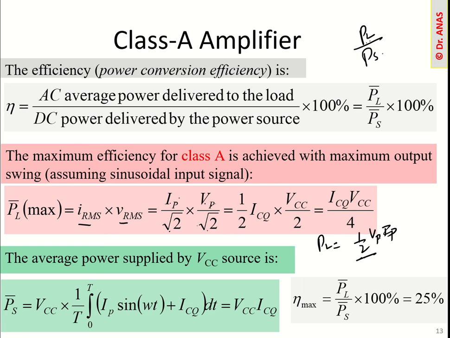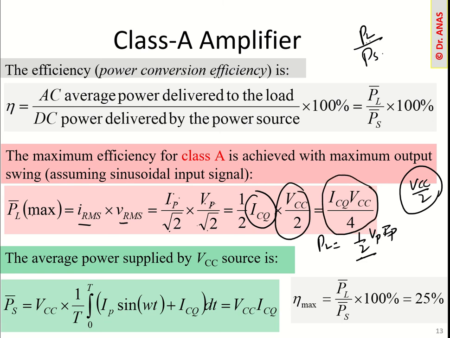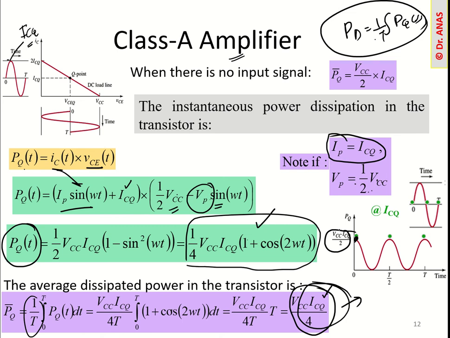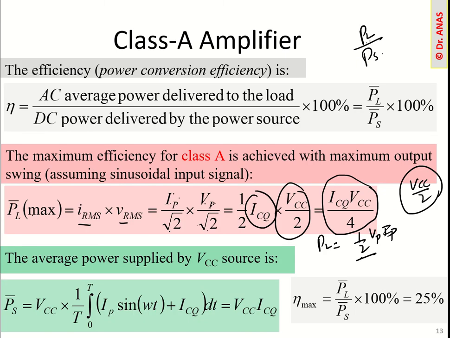So this is the load power, and we assume that Ip is basically ICQ, and Vp is VCC over 2. So we get the maximum power is ICQ times VCC over 4. So if you come here, ICQ times VCC over 2 is the maximum instantaneous power, and the maximum load power will be ICQ times VCC over 4.